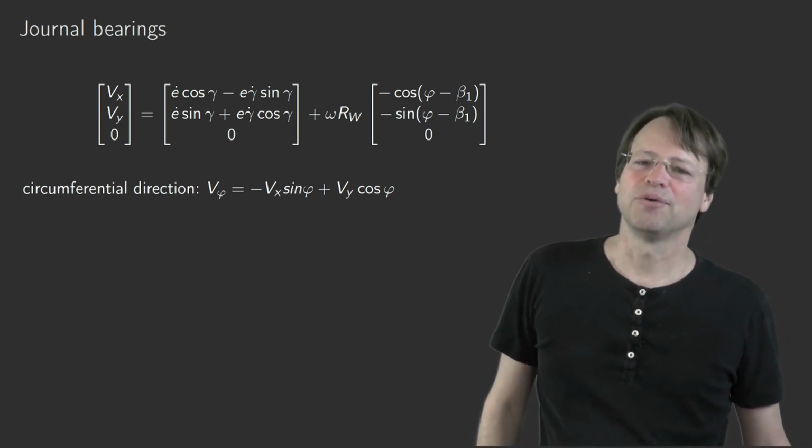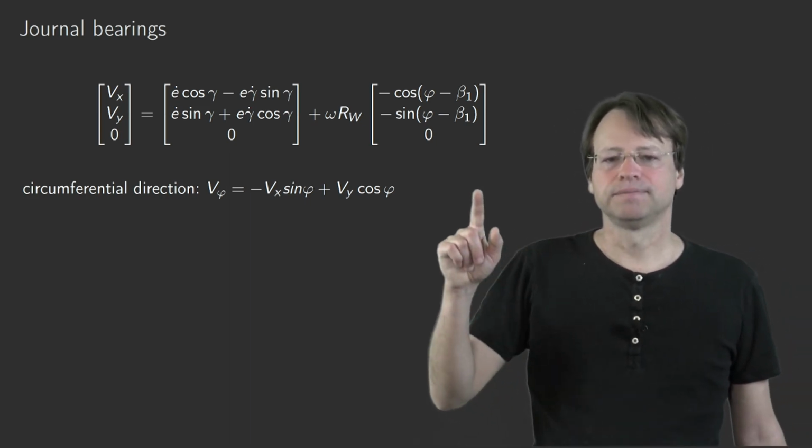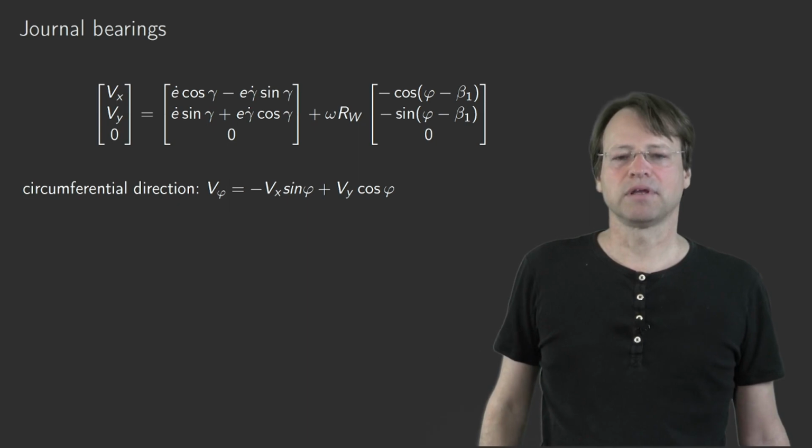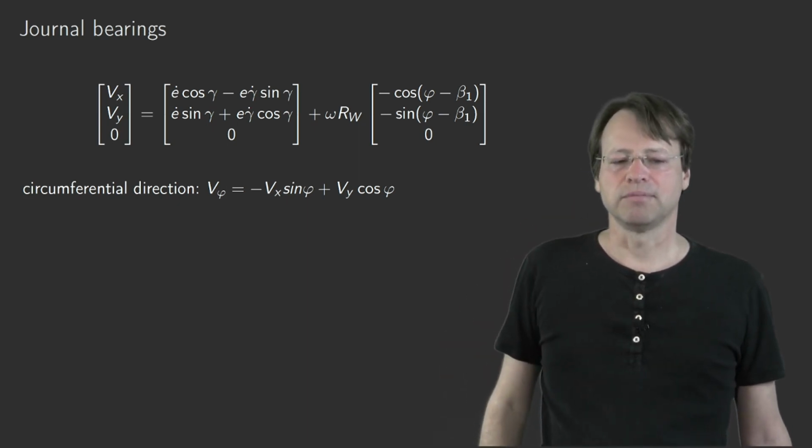It's still not omega times r sub w, but beta 1, keep in mind, it was something like dh by d phi, 1 divided by r sub w.